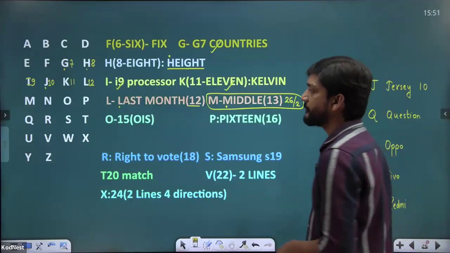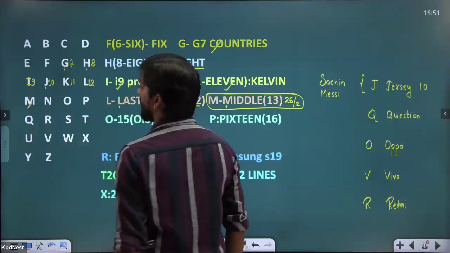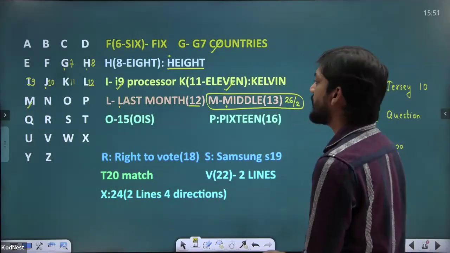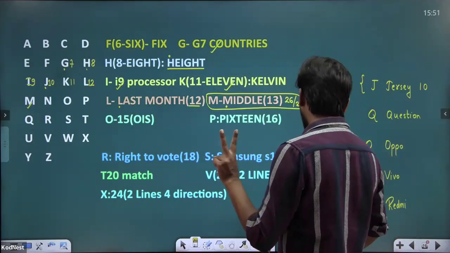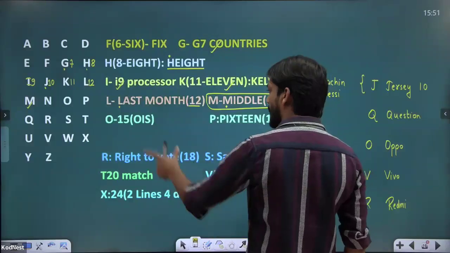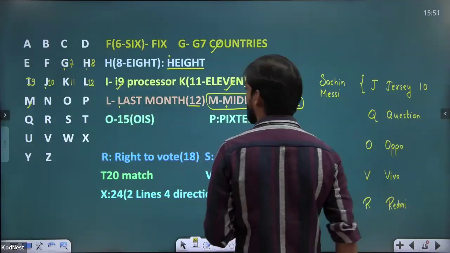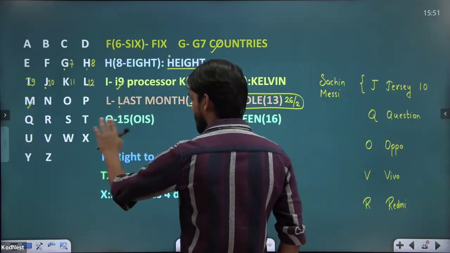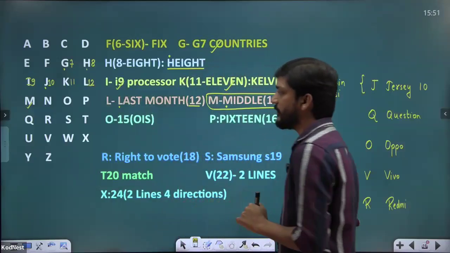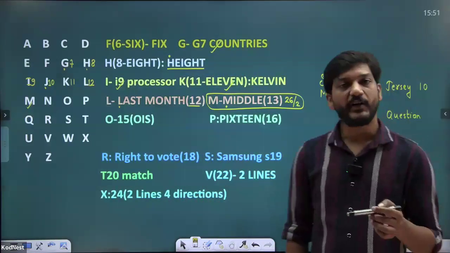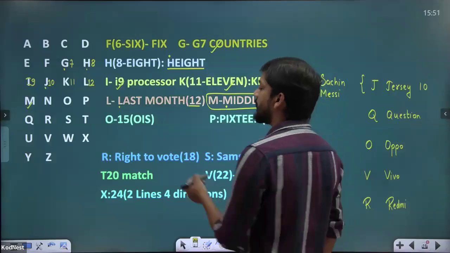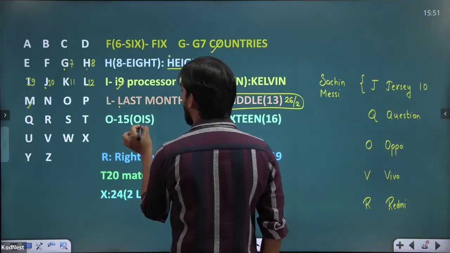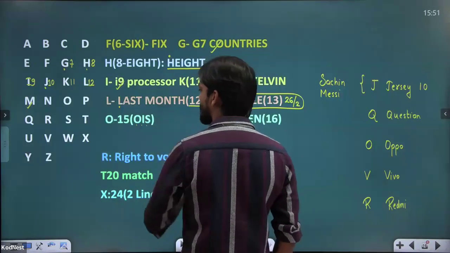Now next, N. For N we don't have anything. For O we have two ways. One way is this, one way is Oppo. I don't personally like this, but somewhere I have seen it, so I have written it. This O15 you can memorize using a short form, which is OIS. What is this OIS?